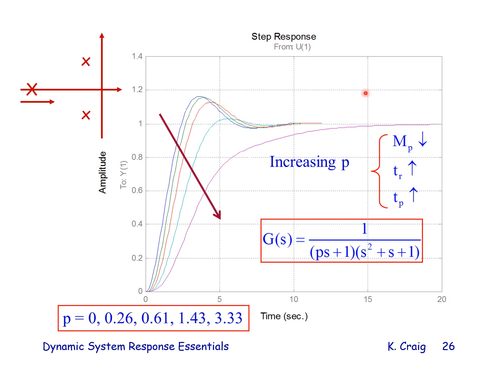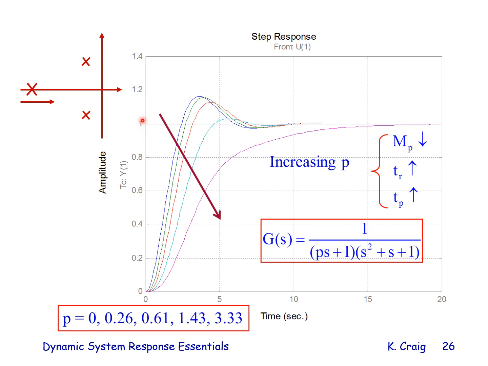Well, now what happens if instead of having numerator dynamics, I have additional denominator dynamics? So I add what we call a pole to the denominator. And as P increases, this pole, which we show with an X, moves to the right closer to the imaginary axis. What is the effect on the step response?